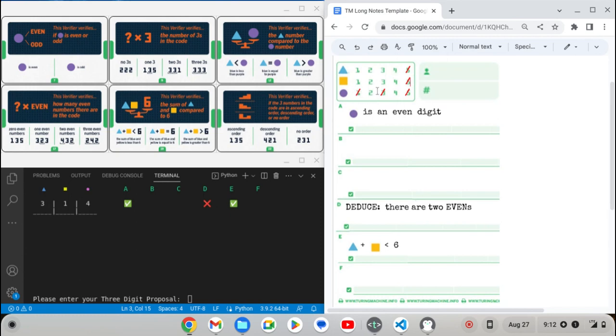We know that circle's even. One of these is even. So we know that it's only going to be an odd and an even. What if there is a 3? That would mean that obviously 4 could no longer be triangle or square, because that would give us something greater than 6.